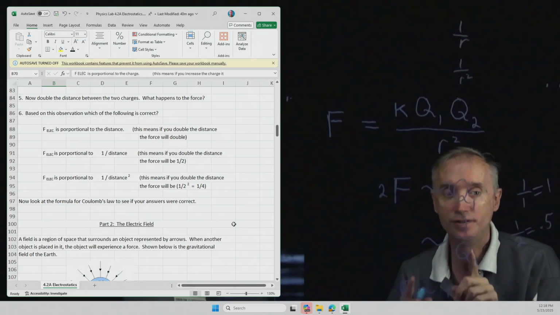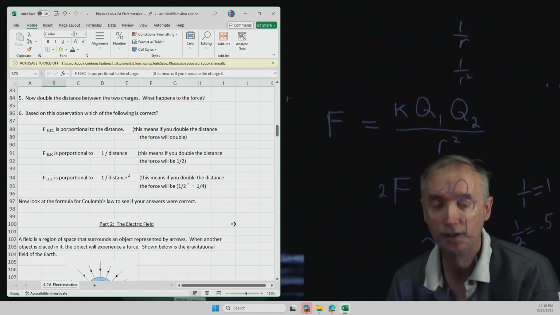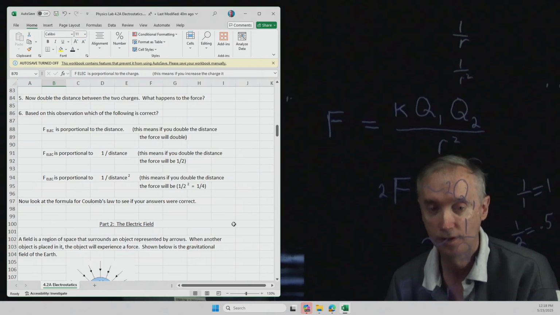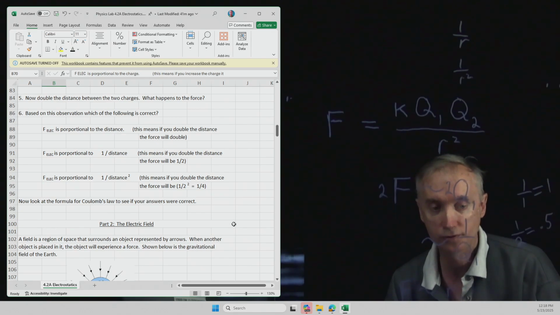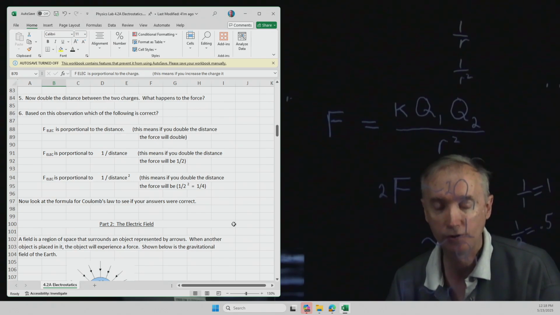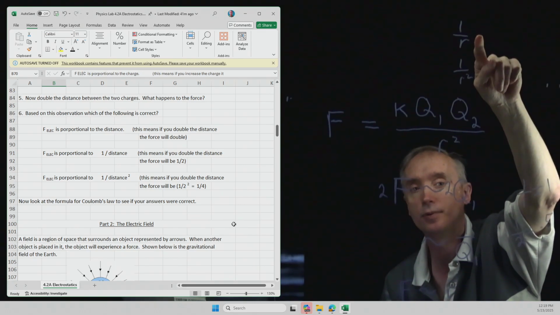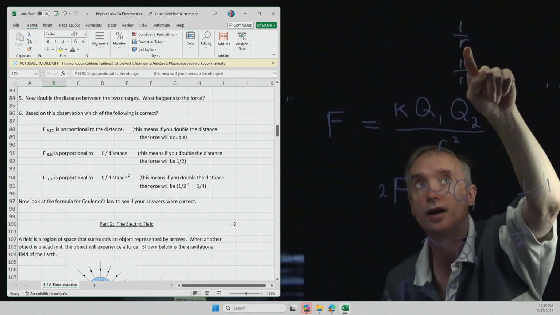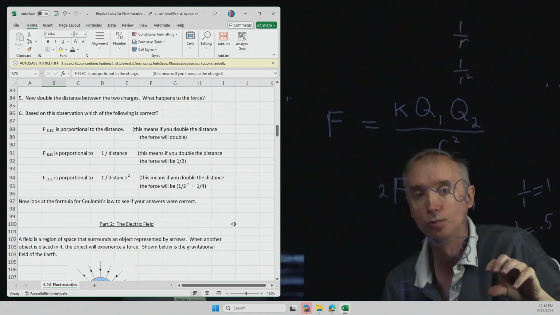Okay, now double the distance, and then on a piece of paper write down the force. Now you're going to compare those two forces, because if this is the answer up here, then if you double the R, so that's a 2, then the force would be 1/2.